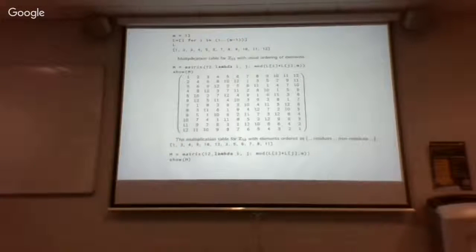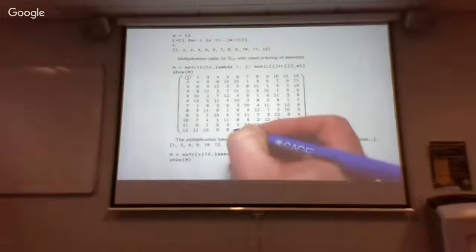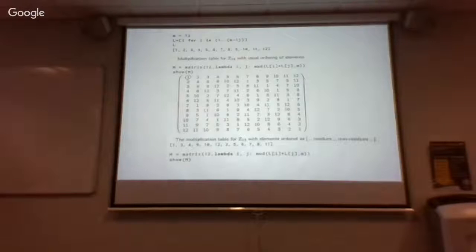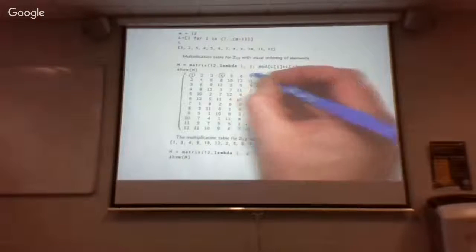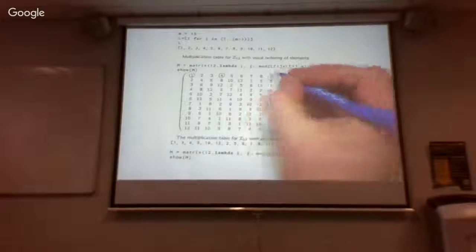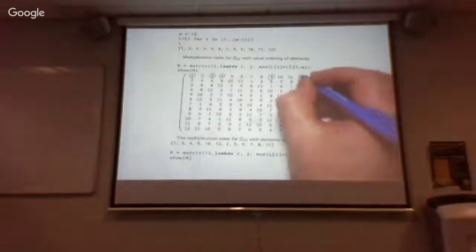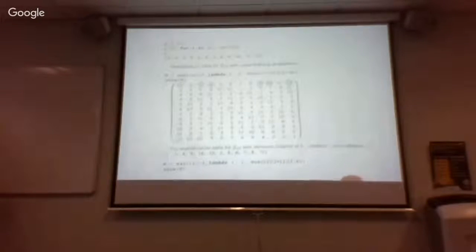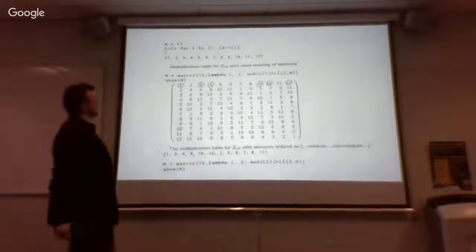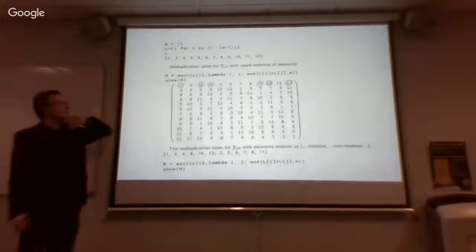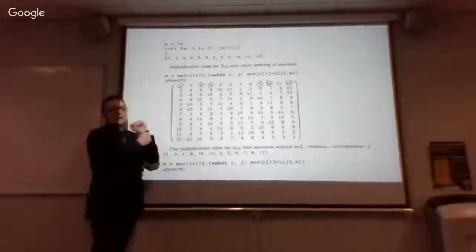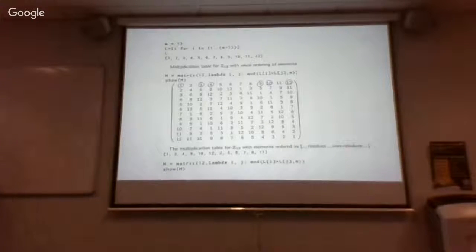Now, I'm not claiming anything is going to jump out immediately there. But this is modulo 13. So the residues are 1, 4, 9, 3, 12, and 10. Those are the residues. Well, they're kind of spread out there. It might be a better way to look at this table is to group all the residues together and then all the non-residues together.